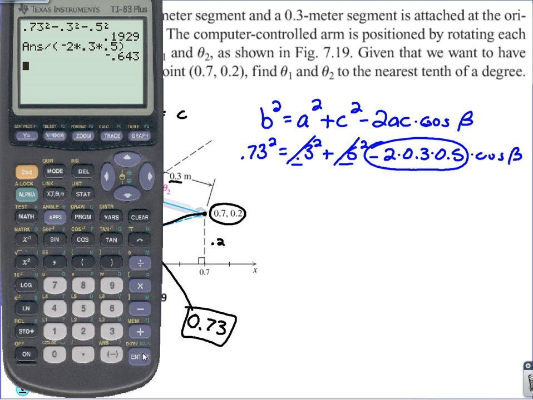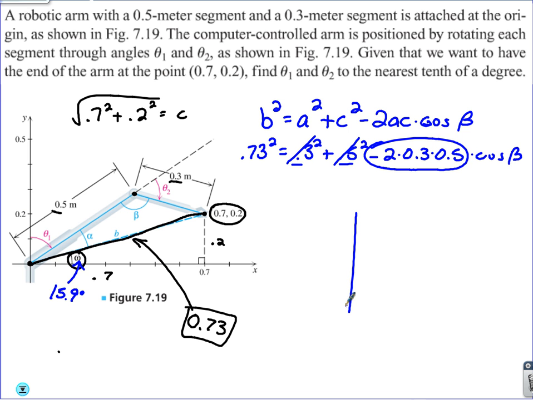A negative cosine angle, where's it at? No, fourth quadrant would be positive. Cosines are x values, right? X is positive here. X is negative here. It's an obtuse angle, is what it tells you. Anytime cosine is equal to a negative, it's going to be an obtuse angle.